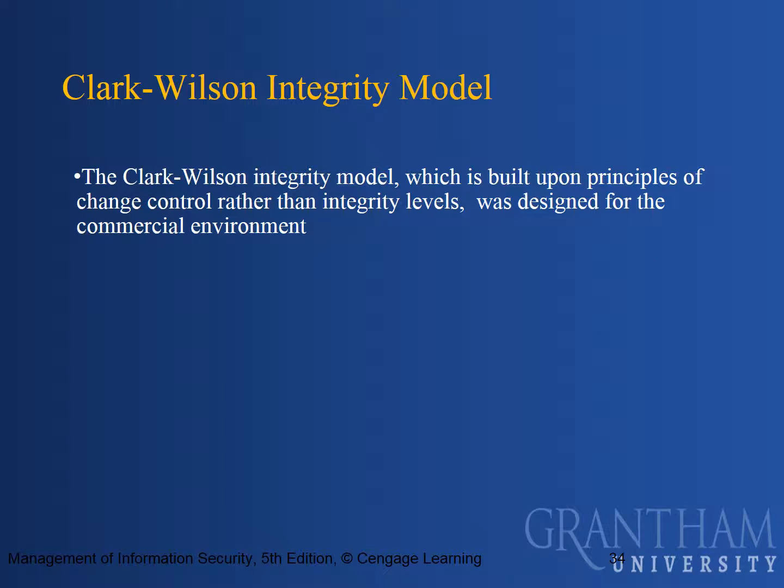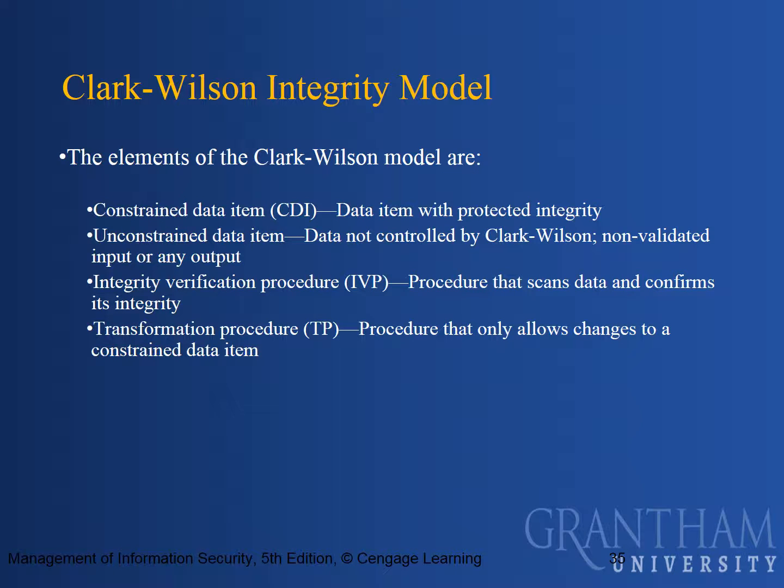Clark-Wilson integrity model. The change control principles upon which it operates are no changes by unauthorized subjects, no unauthorized changes by authorized subjects, and the maintenance of internal and external consistency. The following controls are part of the Clark-Wilson integrity model: subject authentication and identification, access to objects by means of well-formed transactions, and execution by subjects on a restricted set of programs.